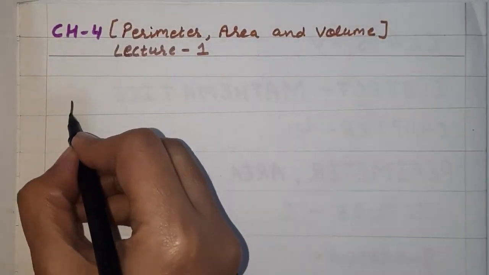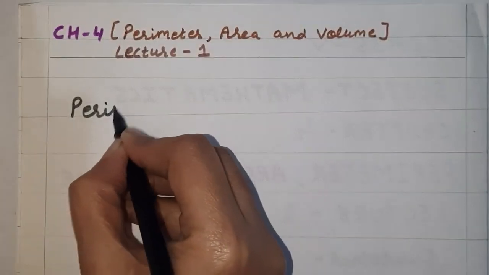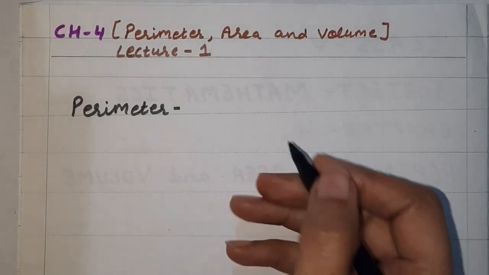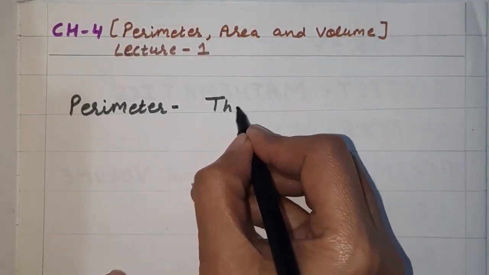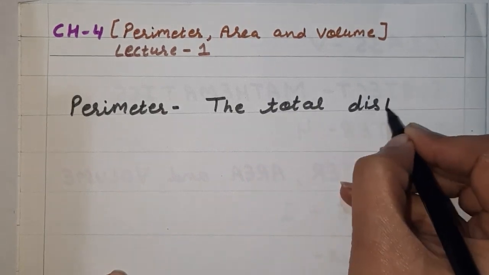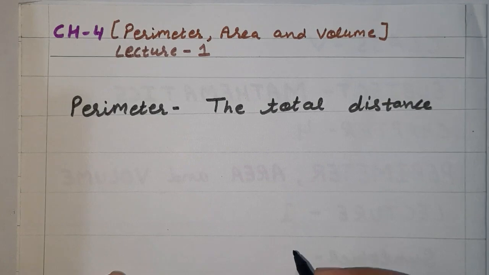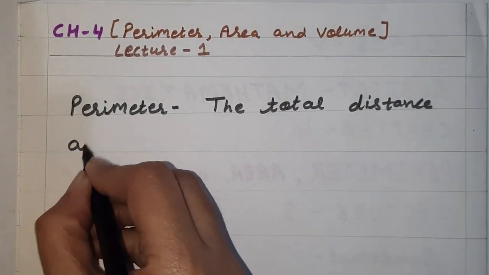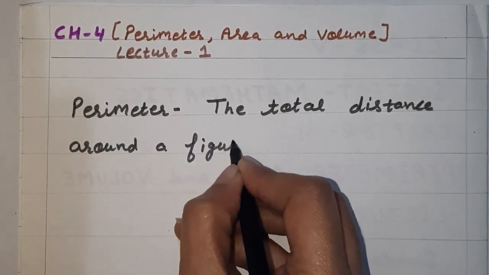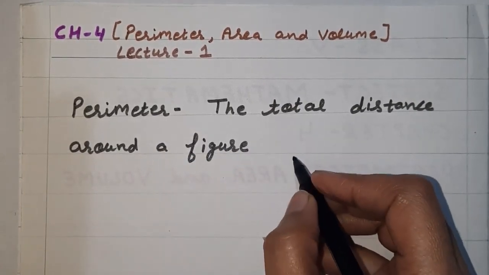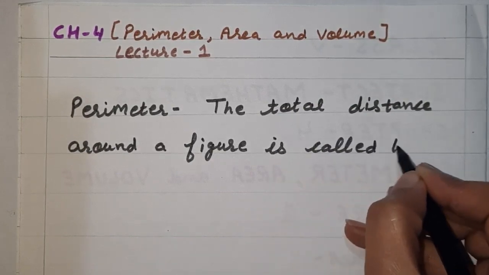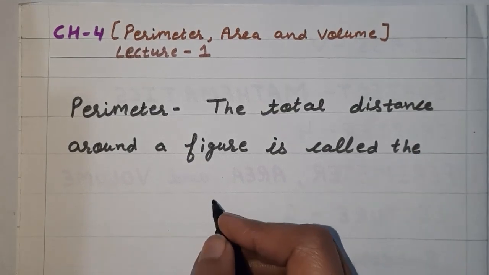Now let's start with our first topic, perimeter. What is perimeter? Perimeter is the total distance around a figure.